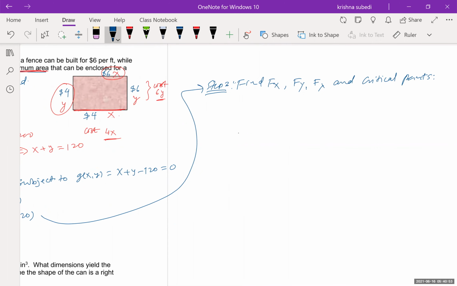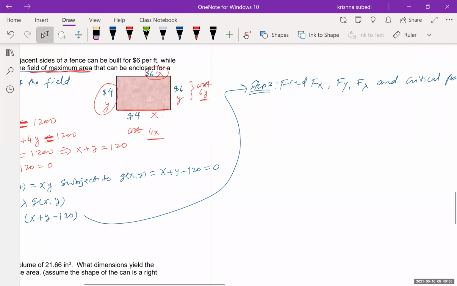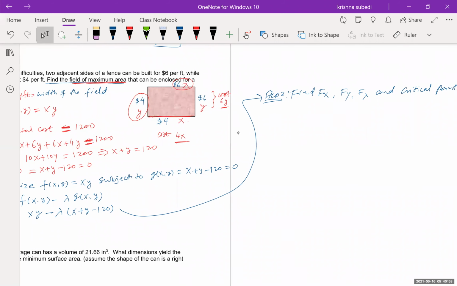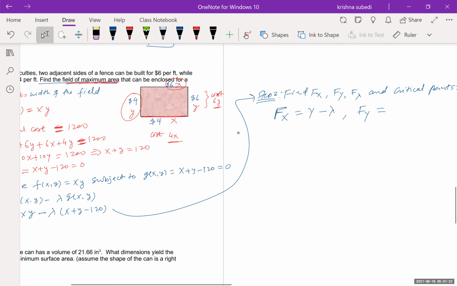Let us calculate this. The partial of capital F with respect to x is y minus lambda. With respect to y, I trust that you can do it by yourself. Try working on your own. If you need help, look at there. Otherwise, just try yourself.